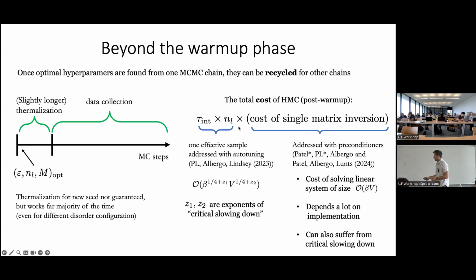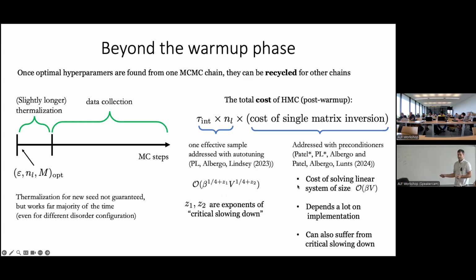And then, of course, all this is multiplied by the cost of a single expensive operation, which here is a matrix inversion. This is addressed in our forthcoming papers with what are called preconditioners, and I'll explain that later. The cost of one effective sample in HMC in general scales as beta to the power 1/4 plus Z1 times volume to the power 1/4 plus Z2.